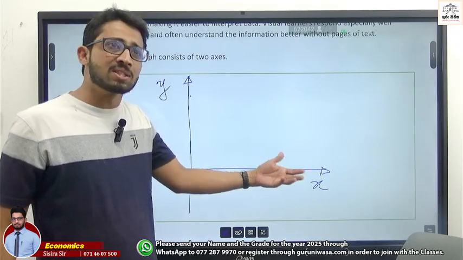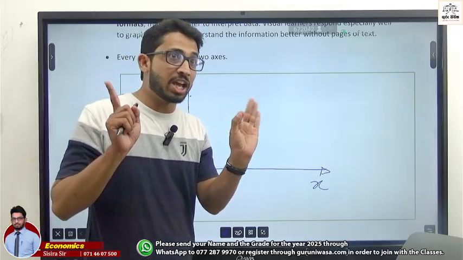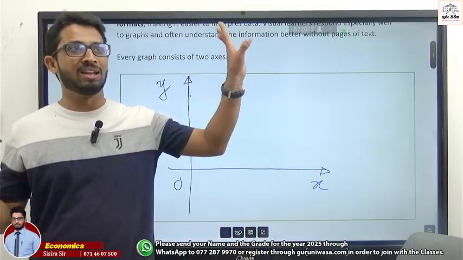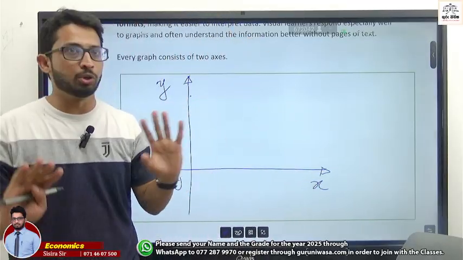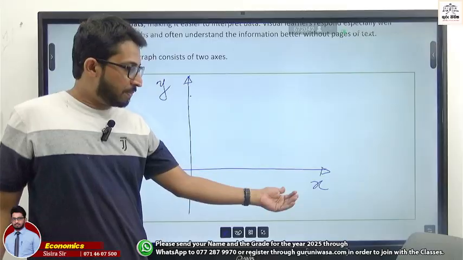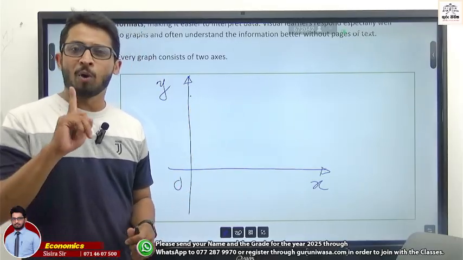Which axis shows the independent variable? That's a very important question. Because you can't change the variables. In O level it's okay, but here, no, you can't change. Where to put the dependent variable and where to put the independent variable? That is an important question, remember.